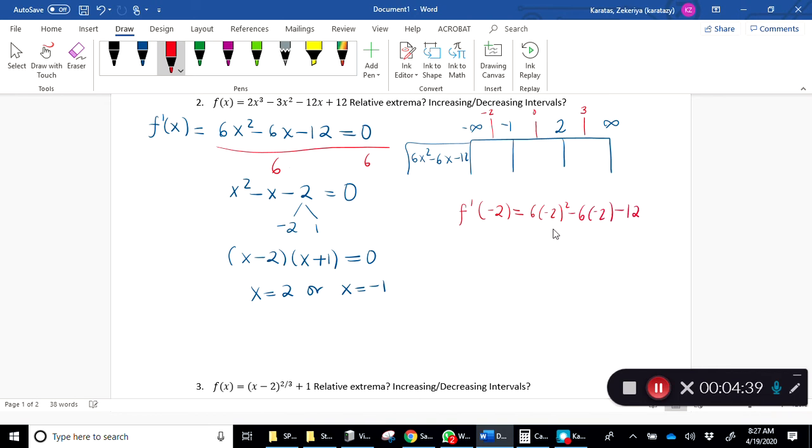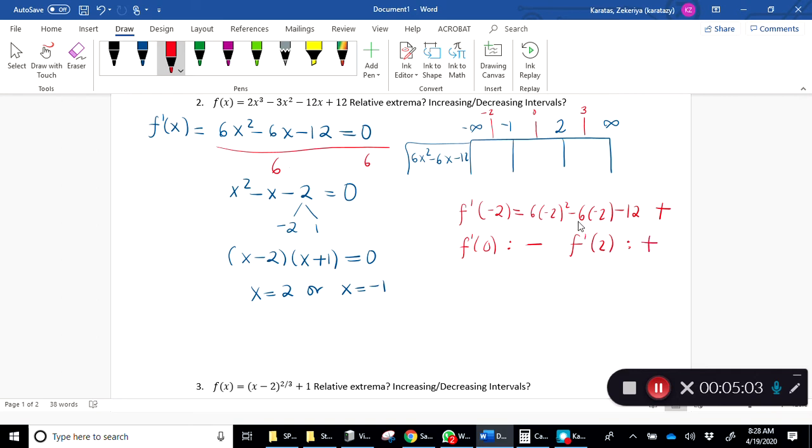If you look at this, 24, it's all going to be positive. You can calculate that easily in a calculator, but you will need to check the sign. If you look at, for example, f prime of 0, that's going to be negative 12. If you look at f prime of positive 2, it's going to be again positive.